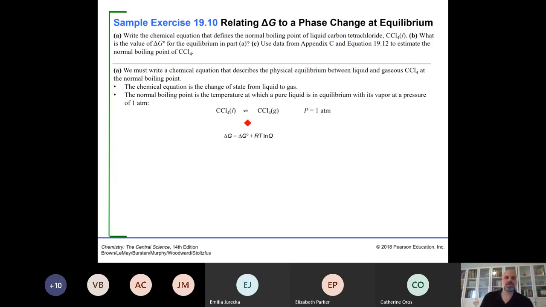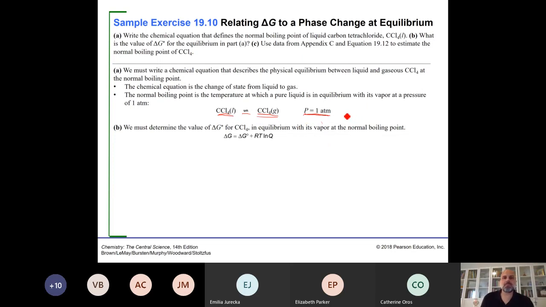So the equation is drawn here: carbon tetrachloride as a liquid is in equilibrium with carbon tetrachloride as a gas, at a pressure of 1 atmosphere. It's a complicated way of saying we have an equilibrium between the liquid state and the gaseous state of carbon tetrachloride, run at standard pressure.